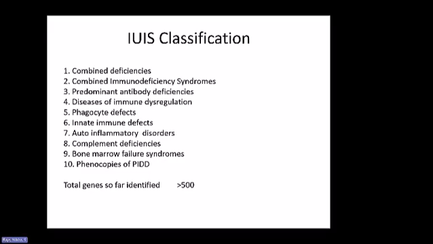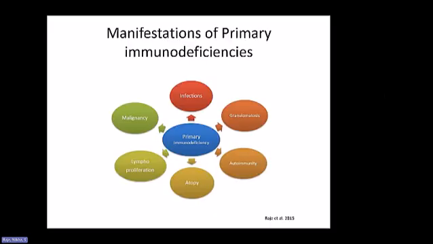Also, for some of the immunodeficiencies in other categories, we don't know the genetic cause of those defects or that phenotype. But most of the ones that we know are genetic. So there are more than 500 genetic causes among these categories.